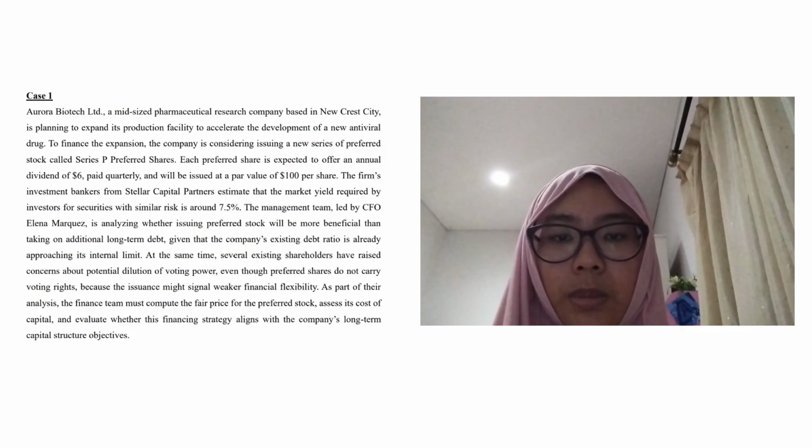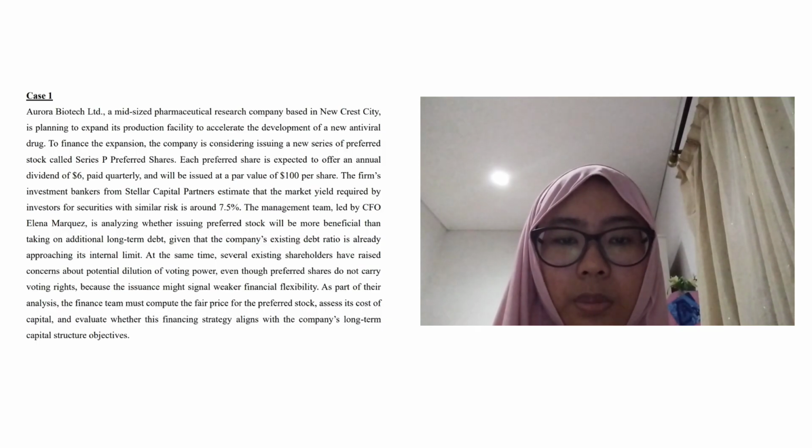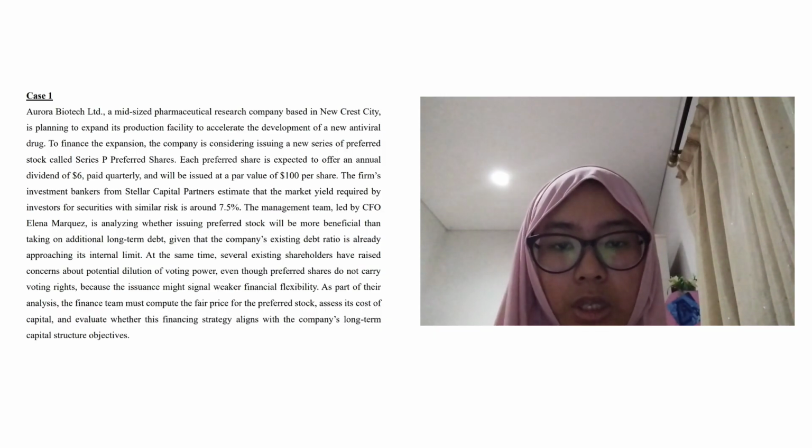The firm's investment banker from Stella Capital Partners estimates the market yield required by investors for securities with a similar risk is around 7.5%. The management team is analyzing whether issuing preferred stock will be more beneficial than taking on additional long-term debt, given that the company's existing debt ratio is already approaching its internal limit.